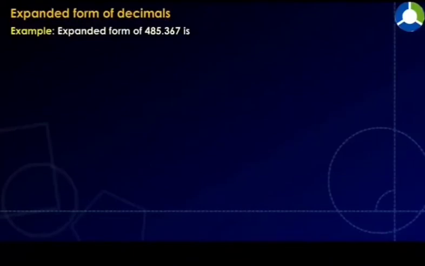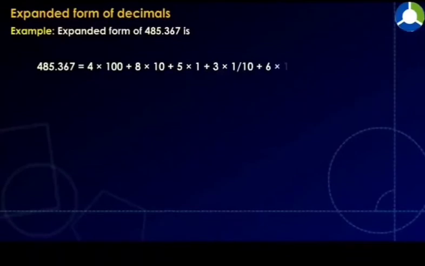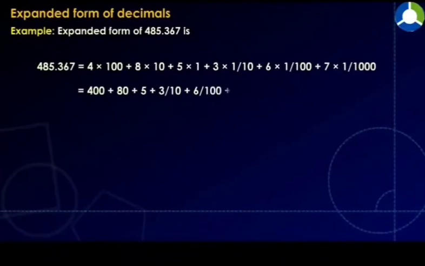Expanded form of 485.367 is, now children, please pay attention. 485.367 is equal to 4 into 100 plus 8 into 10 plus 5 into 1 plus 3 into 1 by 10 plus 6 into 1 by 100 plus 7 into 1 by 1000, which equals 400 plus 80 plus 5 plus 3 by 10 plus 6 by 100 plus 7 by 1000.